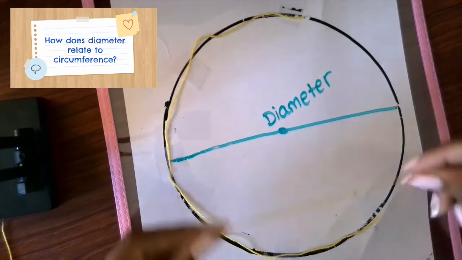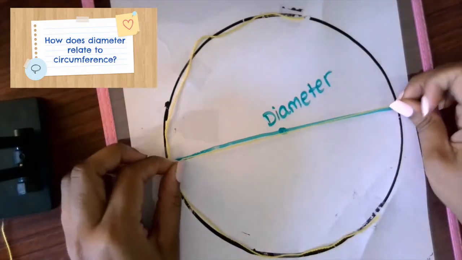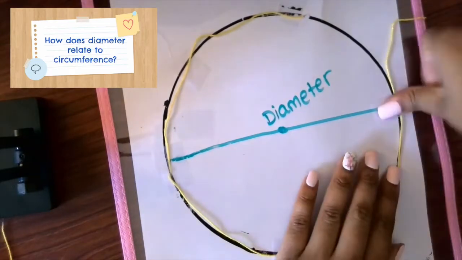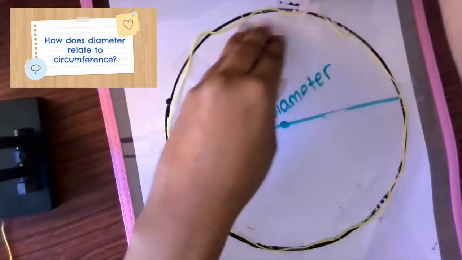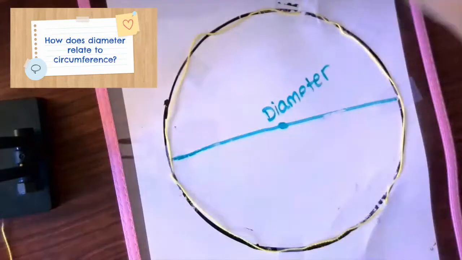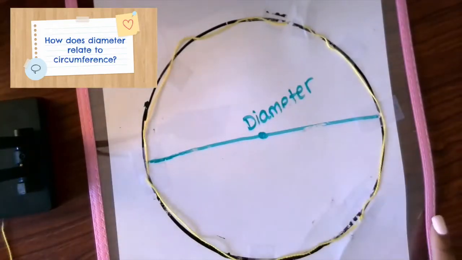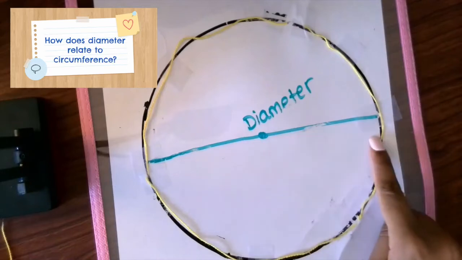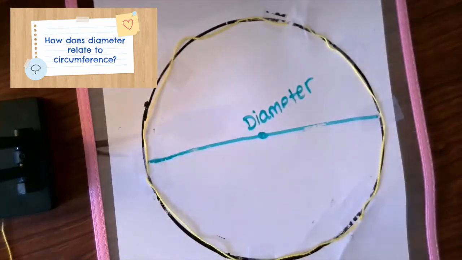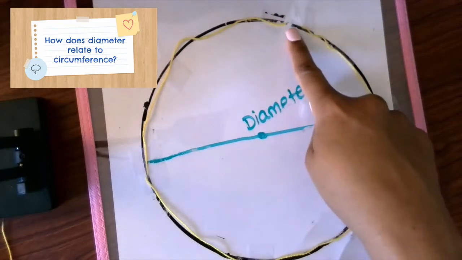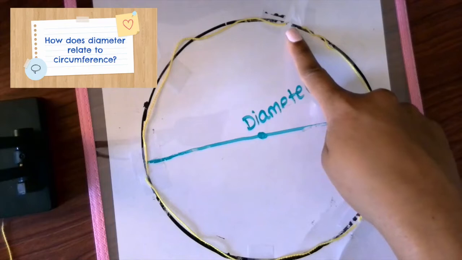So I've cut another piece. All right, so it's about 3 pieces of string, or 3 diameters, to get around the circumference of this circle. It's not exactly 3, because there is a little piece there that doesn't have any string.